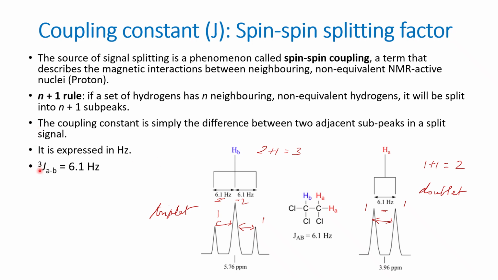That is why the superscript 3 is used. So all normal non-equivalent interactions are 3J AB type of interactions, and in this particular case the J value is given as 6.1 hertz. We must also note that chemical shift value is expressed in parts per million, whereas the J value is always expressed in hertz.